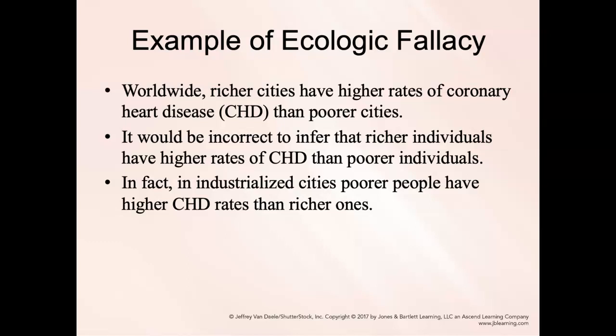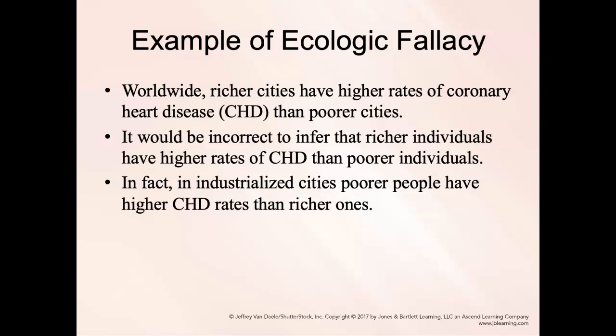So what you see at the aggregate level doesn't translate to what you would see at the individual level, leading to the ecologic fallacy. We're making wrong inferences because what we see at that aggregate level, at that larger unit of analysis, it doesn't reflect what we would actually see if we looked at the individual level.